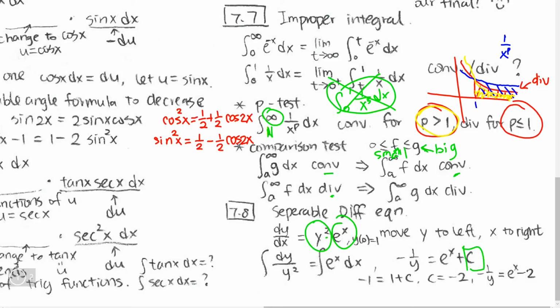If you have an initial condition, you can plug it in, solve for c, and get the solution. Sometimes if the problem asks you to solve explicitly, then you need to solve for y. But if the problem says no need to solve explicitly, then you can just keep it like that. All right, so that is chapter 7.